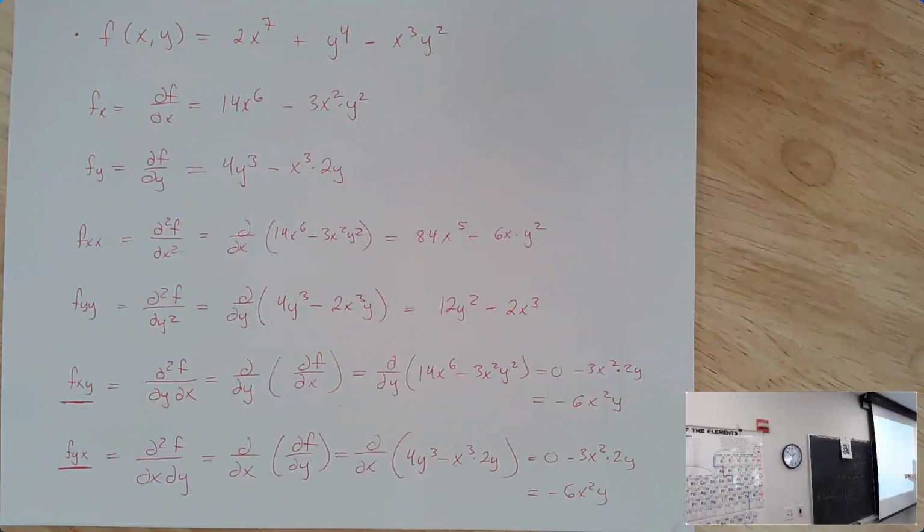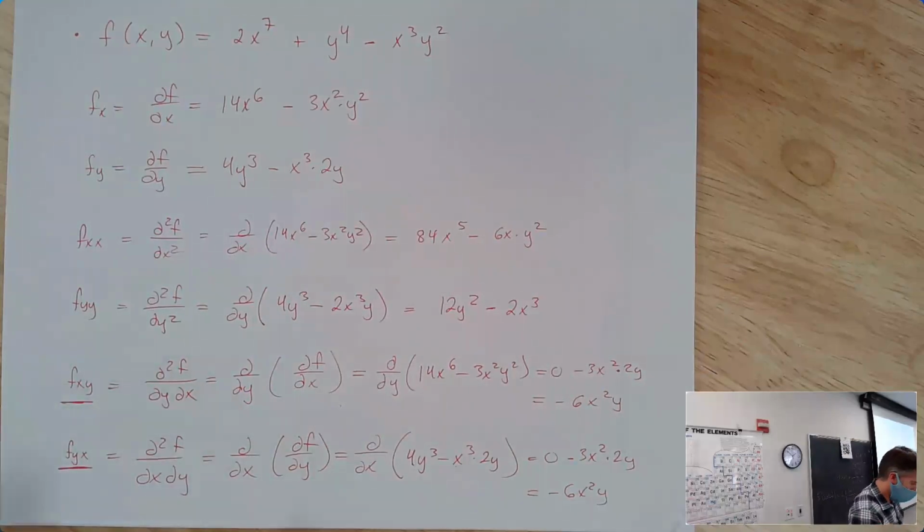That is the derivative with respect to x. So when it's fxy, you do del y, and then for fyx, it's del x. So I should be over here. Sorry, I always want to point that out.